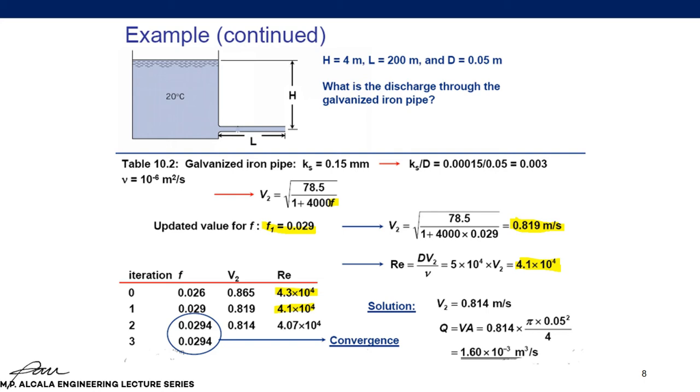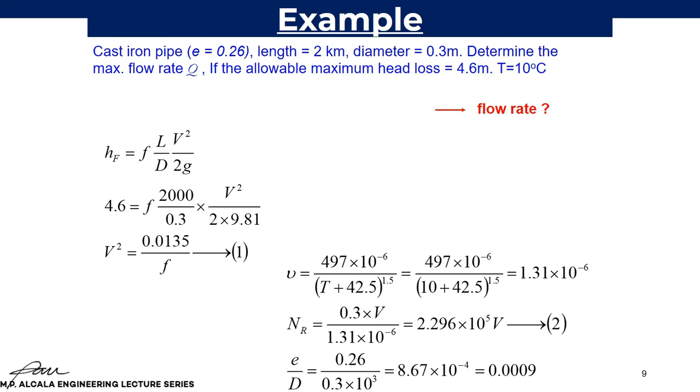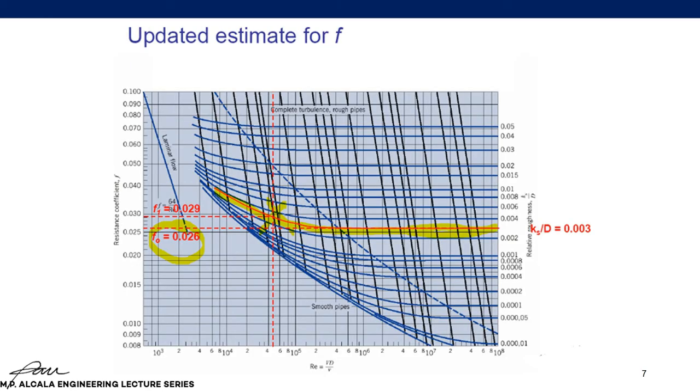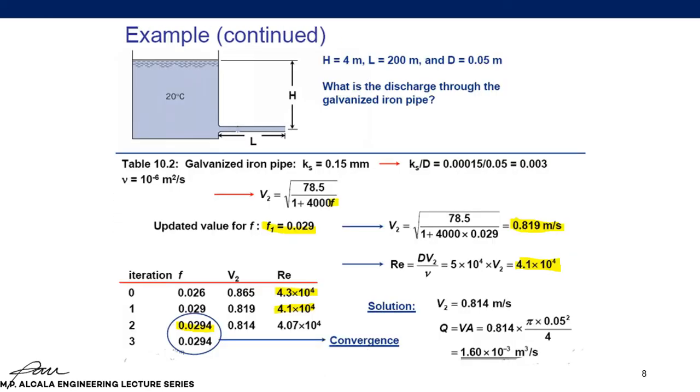Actually, our next iteration was 0.294, okay? But then the approach is almost the same. So very close to 0.29 and almost close. The solution converges to 4.07, so approximately 4.1 times 10 to the 4.